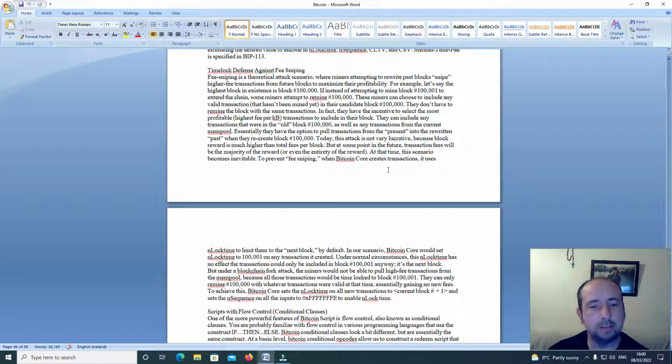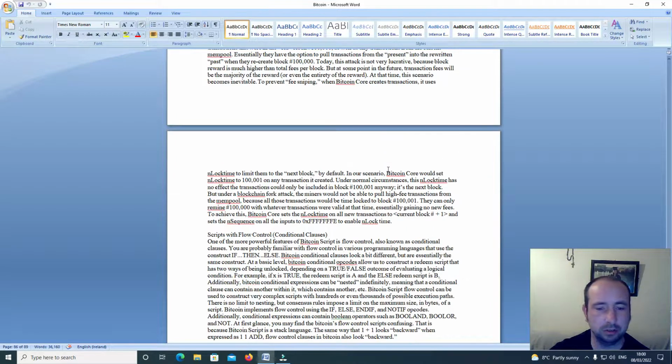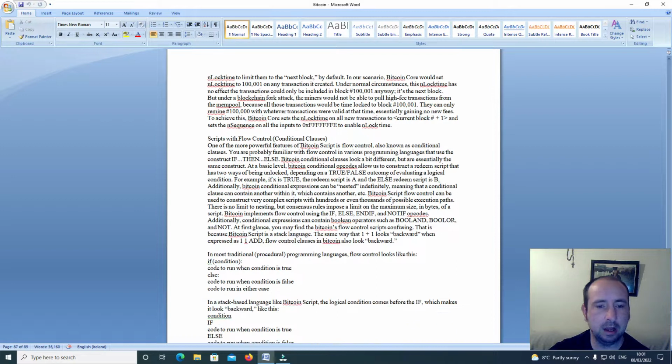To prevent fee sniping, when Bitcoin Core creates a transaction, it uses nLockTime to limit it to the next block. By default, in our scenario, Bitcoin Core would set nLockTime to 100,001 on any transaction it created.